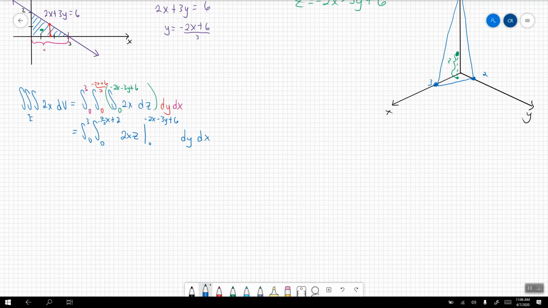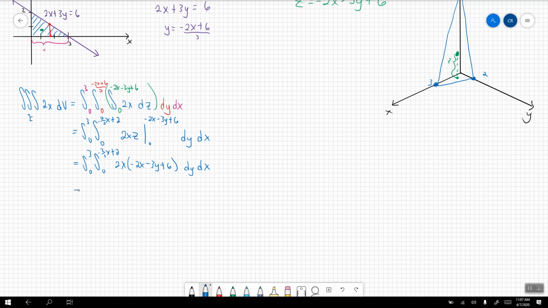All right, pretty good so far. Equals, from 0 to 3, from 0 to negative 2/3 x plus 2, and then this is 2x multiplied by negative 2x minus 3y plus 6. And then the 0 will cancel that out, so we don't need it. It's dy dx.